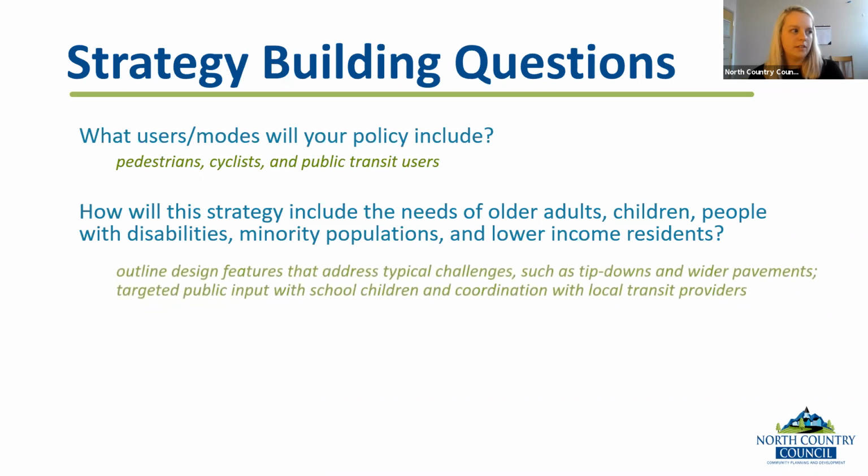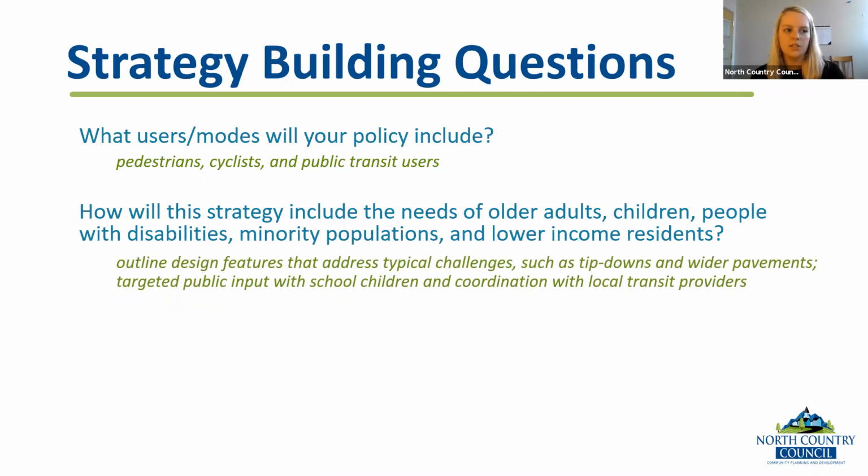I think for certain things like older adults or people with disabilities, there are already some pretty set things, like making sure there are tip downs and wider pavements and such. But for populations that you might not be as in tune to their needs, you're going to want to do some targeted public input to understand what they need out of the policy.